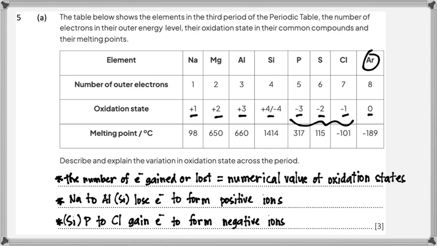We can also say that the variation in oxidation number that you should identify and explain is why some elements have a positive oxidation number, a negative oxidation number, or an oxidation number of 0. Alright?